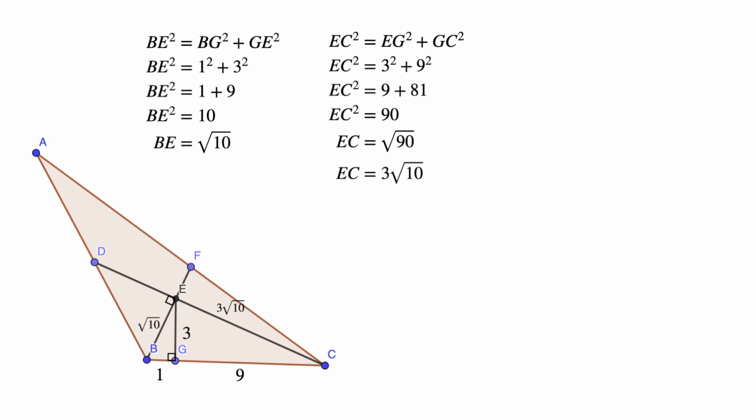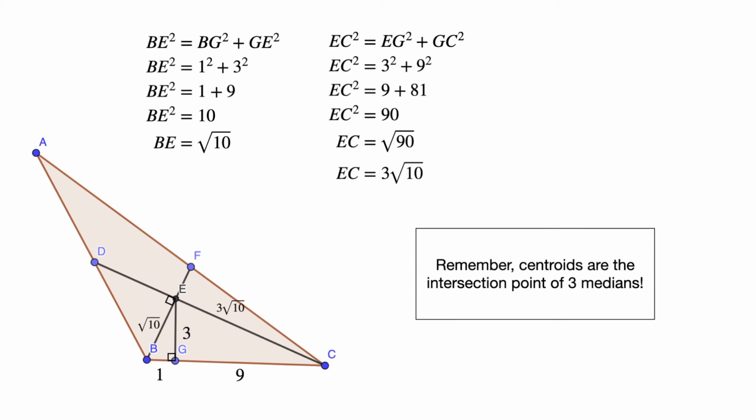And because it was said previously that CD is a median of triangle ABC, which just means that it cuts the length of AB in half, and that point E is the centroid of triangle ABC, we can apply the property that EC is twice DE.